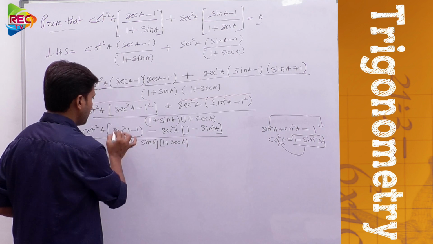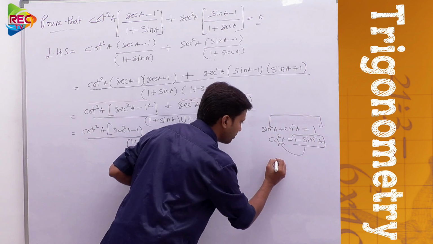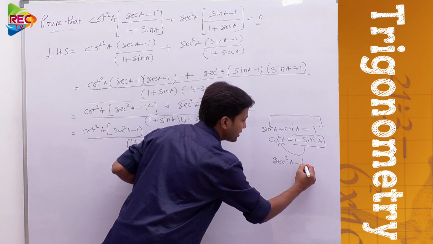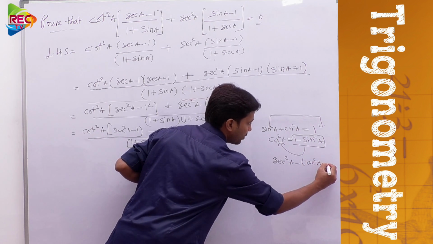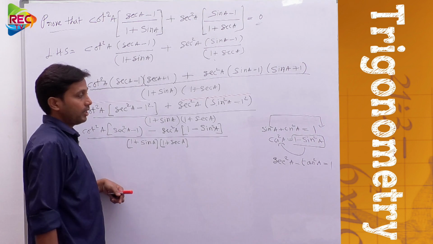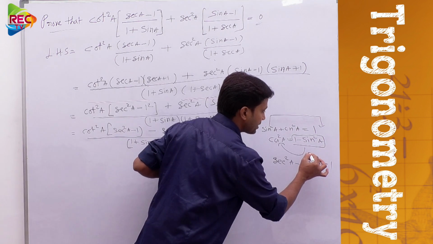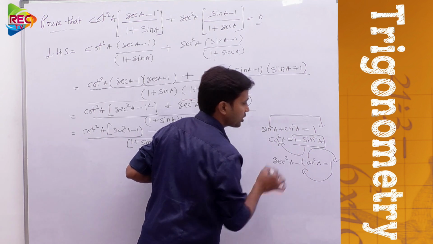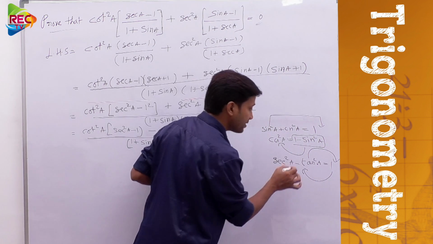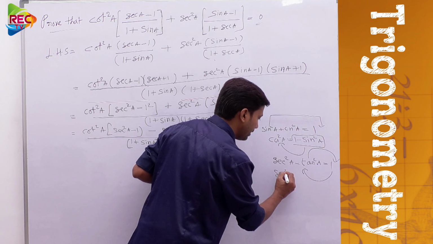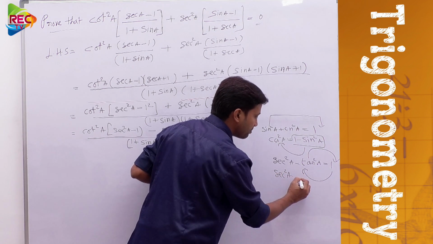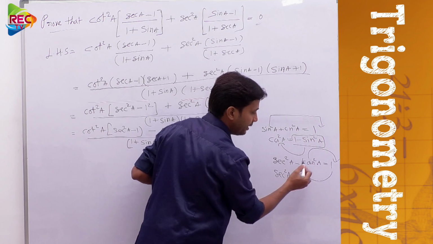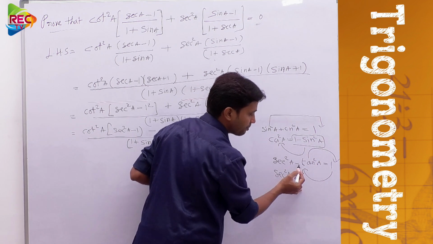Coming to this part, take another trigonometric identity: secant square A minus tan square A equals 1. Now send tan square A to this side and 1 to the LHS. Then secant square A minus 1, the plus 1 becomes minus 1 on the other side, and when tan square A is sent to the other side, the minus becomes plus.